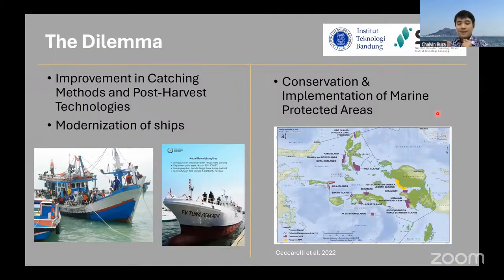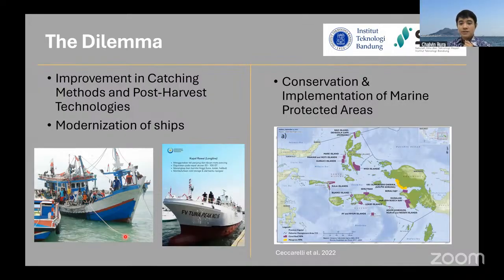Like I mentioned, Indonesia currently has a dilemma. We want to increase our production so we have more exports to other countries, because the demand is still increasing. The demand is still there. And as you can see in the picture on the left, most of the boats are still made out of wood, but this type of boat maybe can't really handle the most turbulent seas.